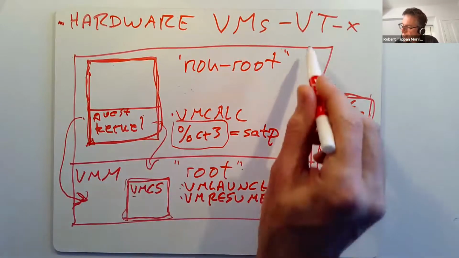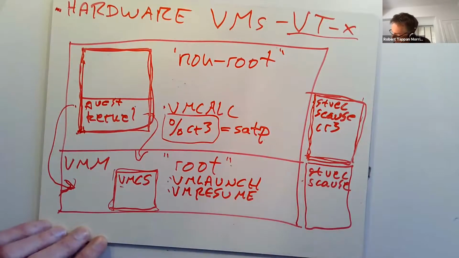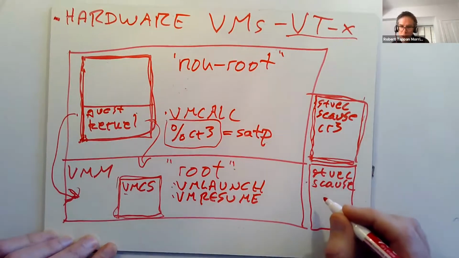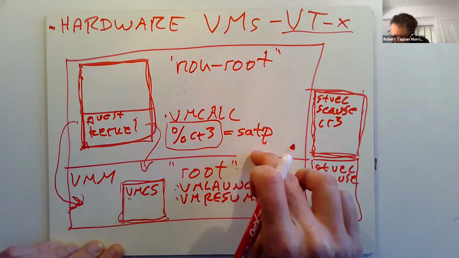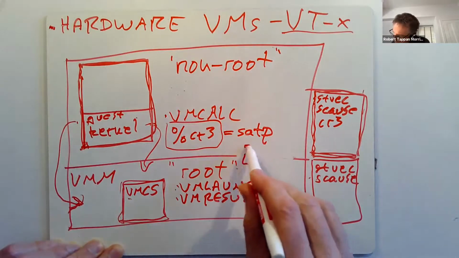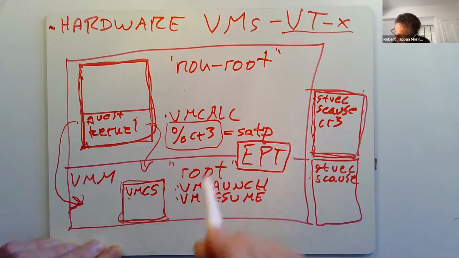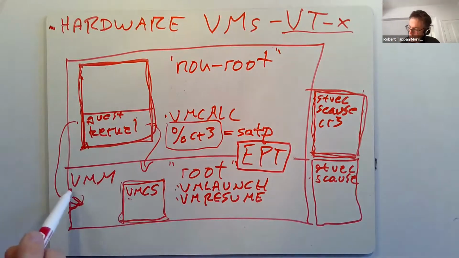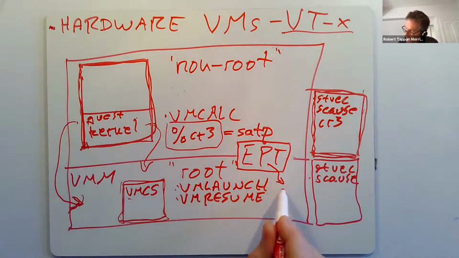So this VTX scheme actually has another important register, which is part of the real, well, who knows where I should draw it, but I'll draw it right here. The extended page table register, which points to a page table, right?